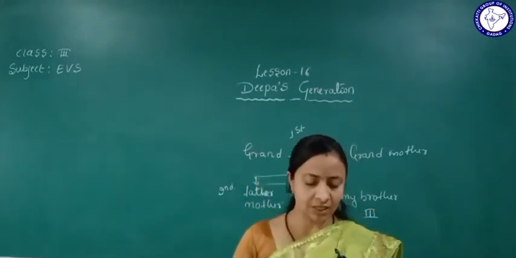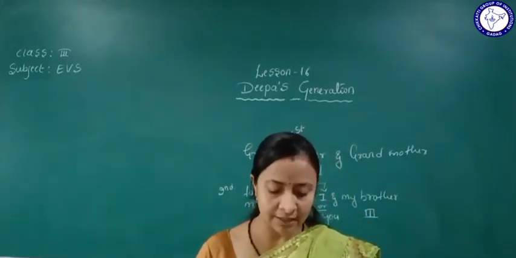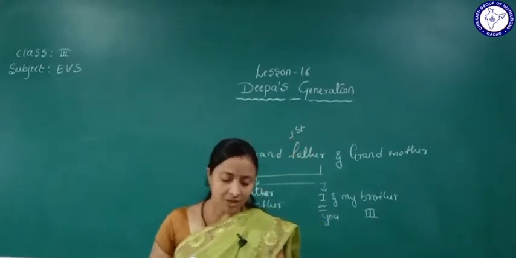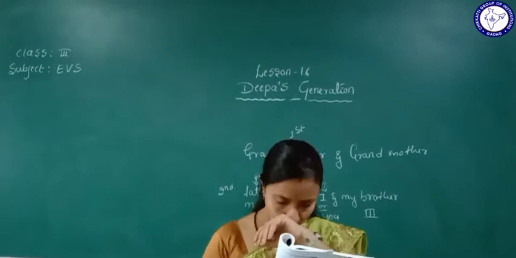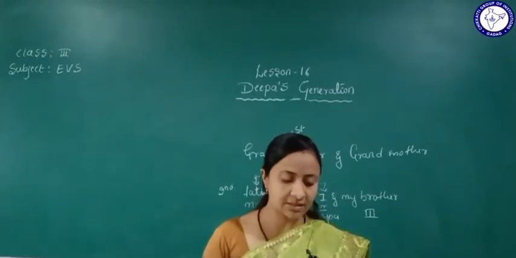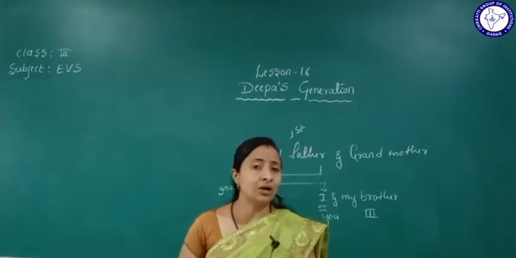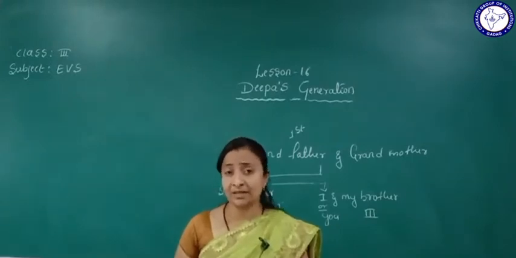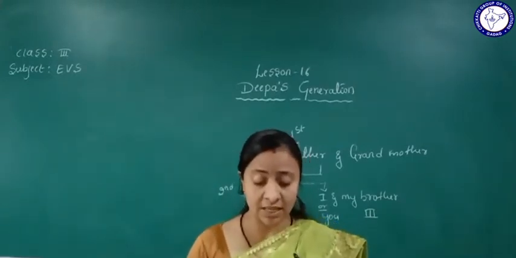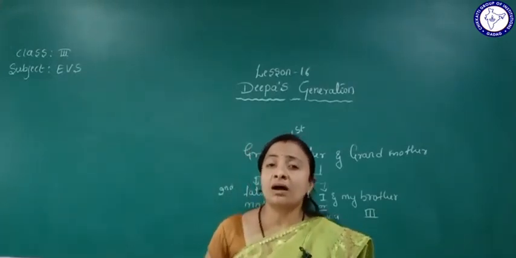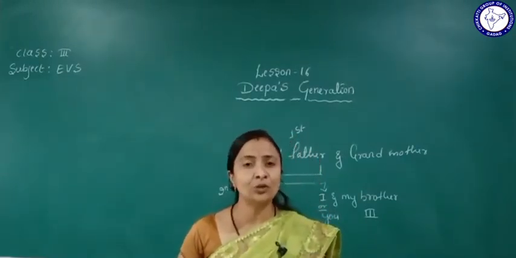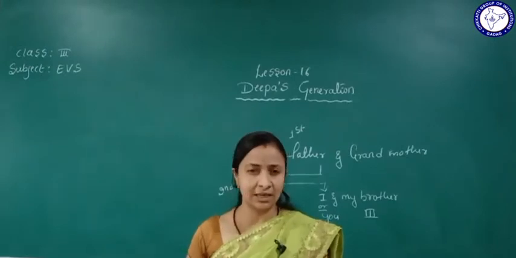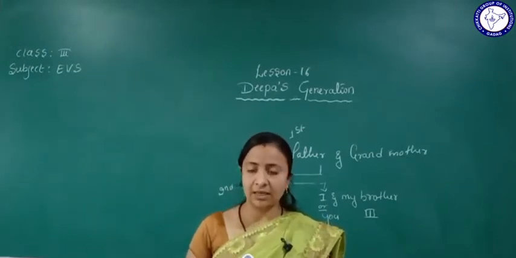Raju, Deepa and their mother and also grandmother went to the neighboring village to attend a naming ceremony. When they went to their grandparents' house, Raju, Deepa's mother and Deepa's grandmother all went to a function at a neighbor's house, in the neighboring village.